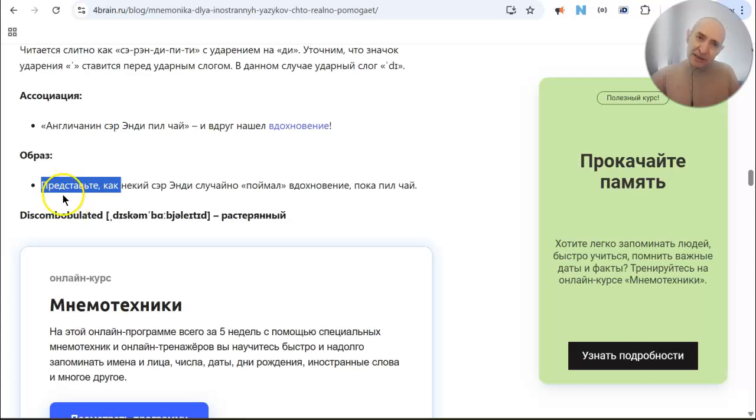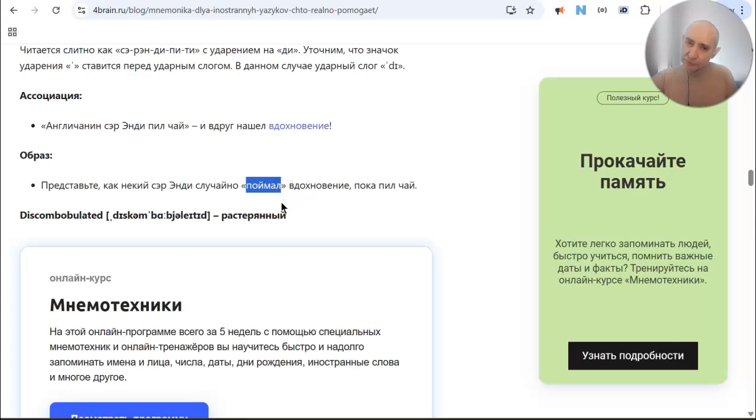The direct translation would be imagine how, but the meaning is imagine that. Neki means certain. So imagine that certain Sir Andy, случайно, by accident.